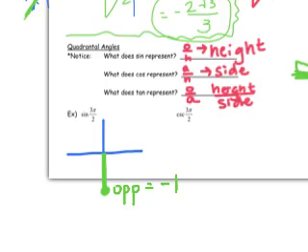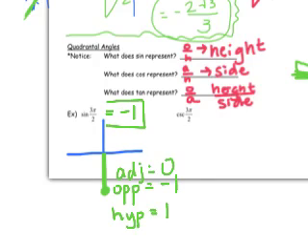If your opposite is negative 1, then your hypotenuse is positive 1, but your adjacent is 0. So sine is opposite over hypotenuse, so that's negative 1. Cosecant is hypotenuse over opposite, so that's also negative 1.